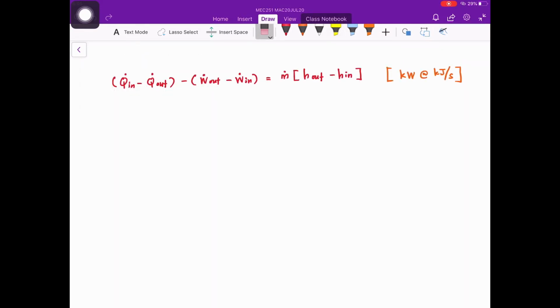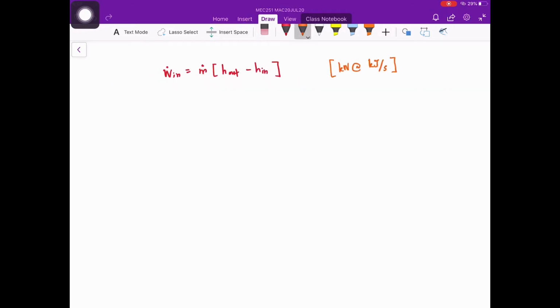From the steady flow energy equation, since the compressor is consuming work and let's assume the process is adiabatic, we can get the expression of power input, which is equal to the mass flow rate times the enthalpy at the outlet minus the enthalpy at the inlet, giving us the unit of kilowatt or kilojoule per second.